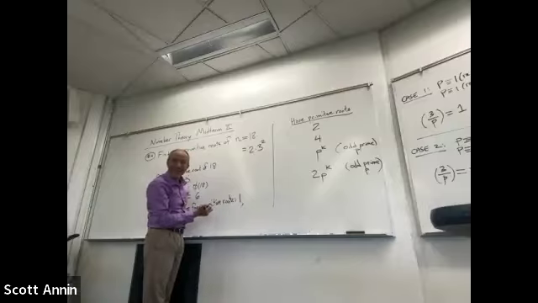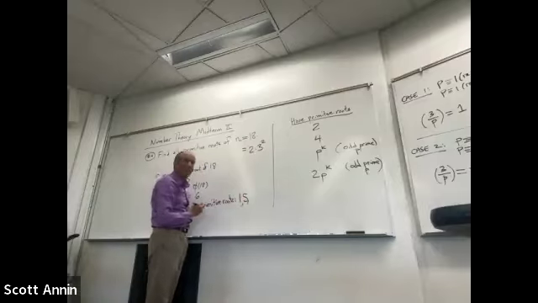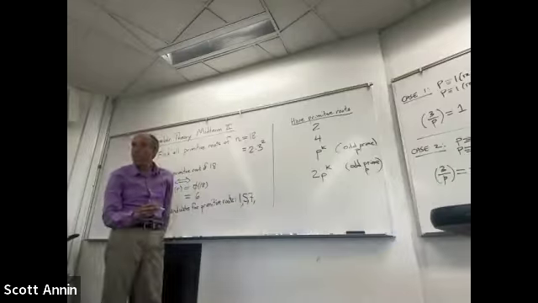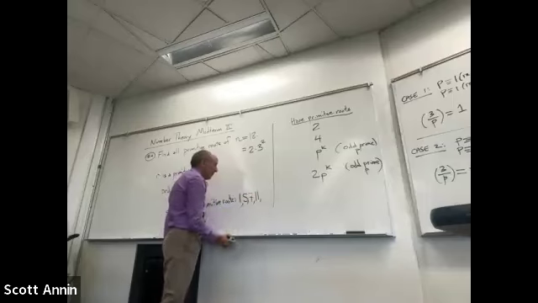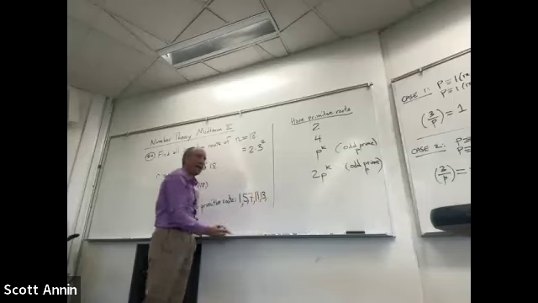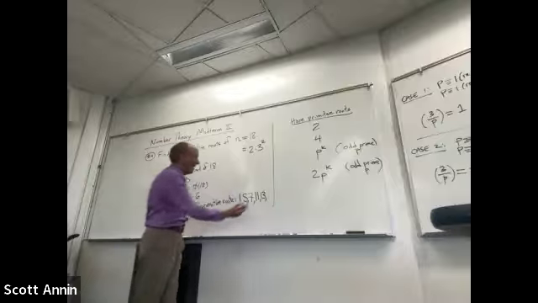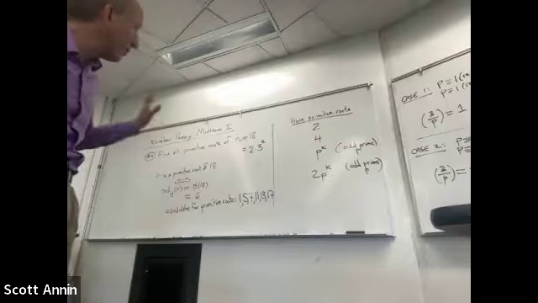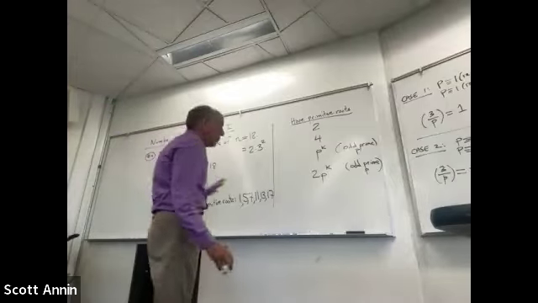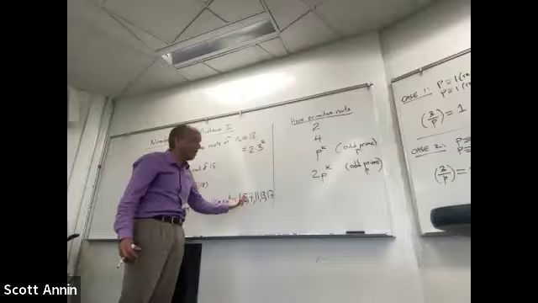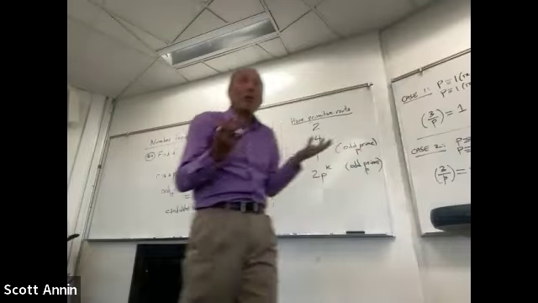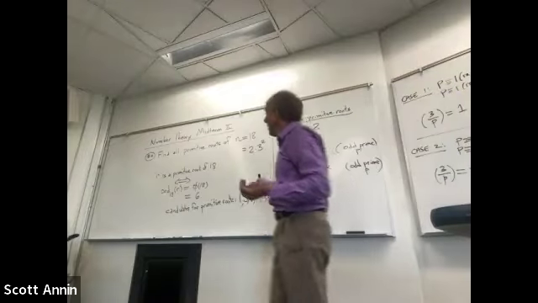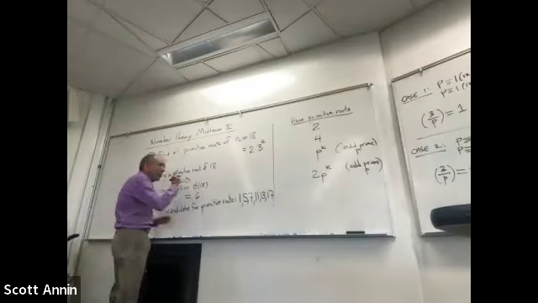What else? 5 would be a good one. 7 is a good one. 11. 13. And lastly, 17. Yeah, so those are the 6 numbers that are relatively prime to 18. And so these are the numbers that even will have an order. Nothing else does. Okay? But we need to have an element whose order is actually 6.